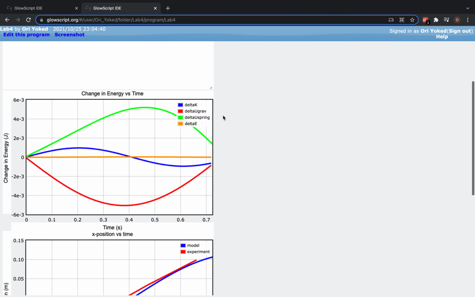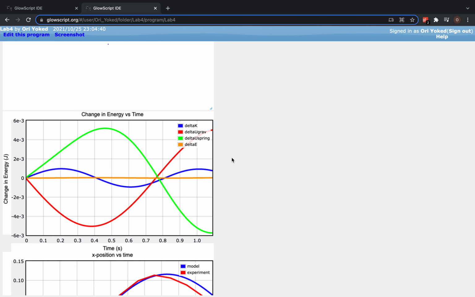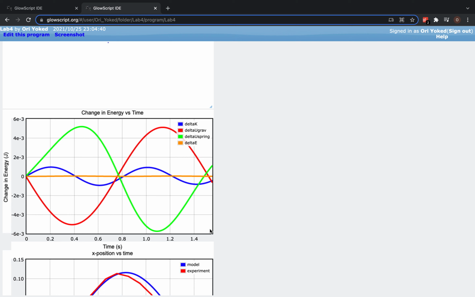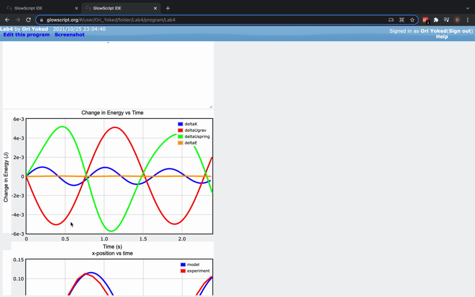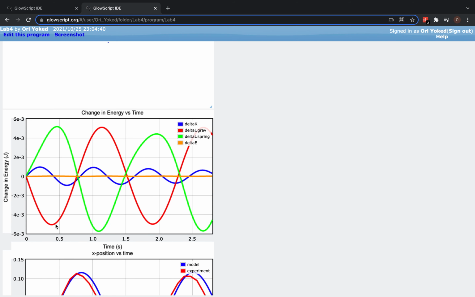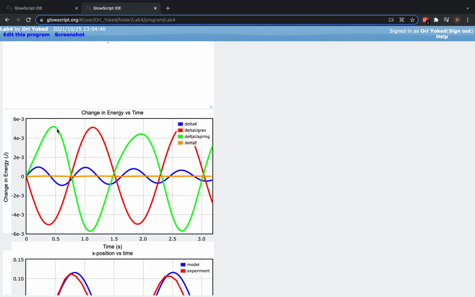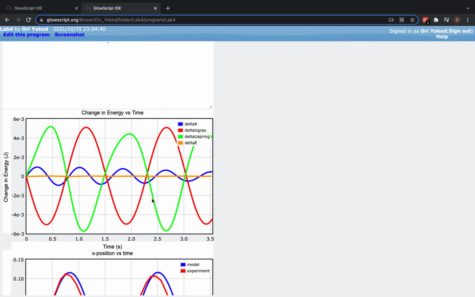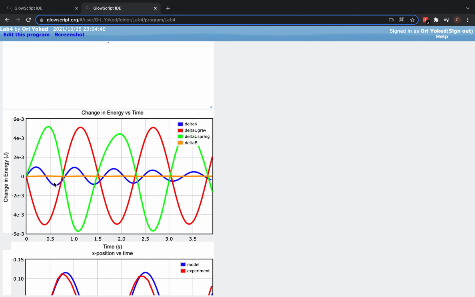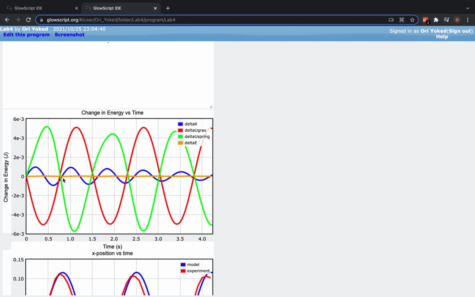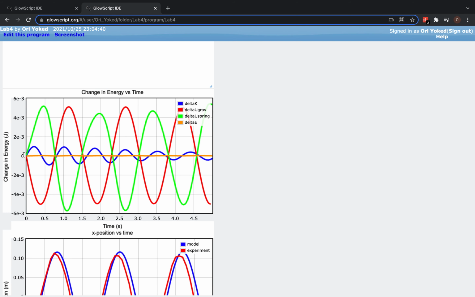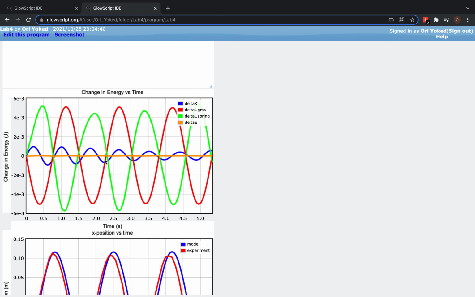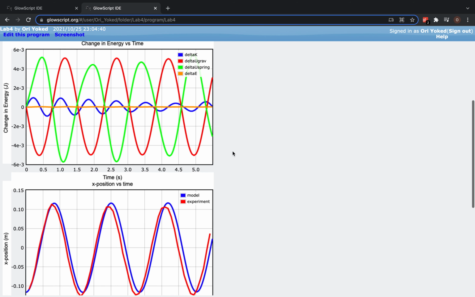So we have all the changes in the energies, and you can see that when the gravitational potential energy is at its lowest, the spring potential energy is at its highest, and vice versa. And then the change in kinetic energy is also going up and down, and the change in the energy will always be 0.